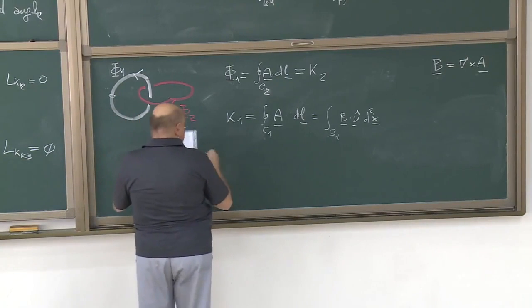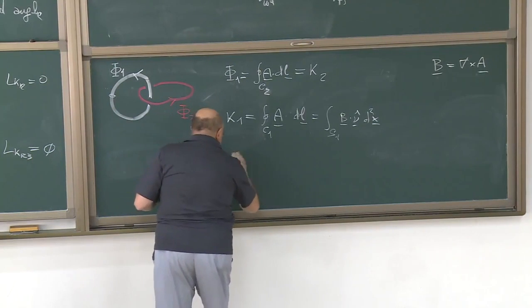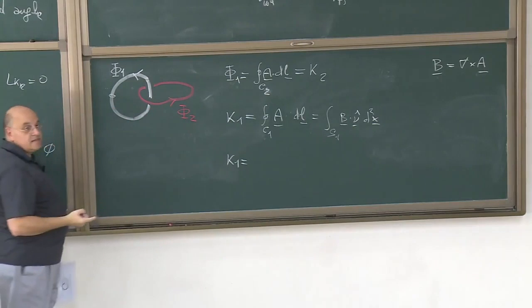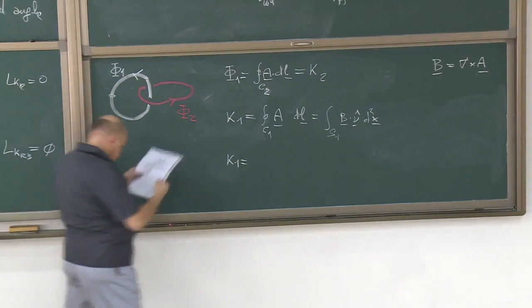So we use now the fact that K1 is either 0 or different from 0.